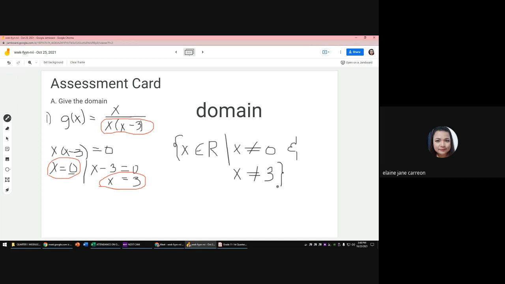End of the set notation. Okay, so that is the domain.